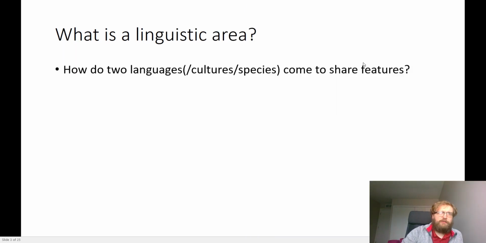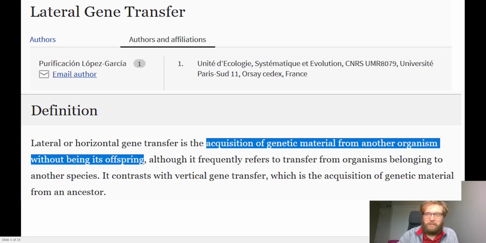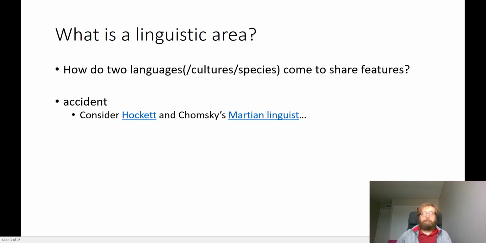language. In general, there are only three ways that anything could come to share features. This works for languages, it works for styles of pottery, and frankly, it also works for species. Check with your biology professor about that one, though. It could be accident.